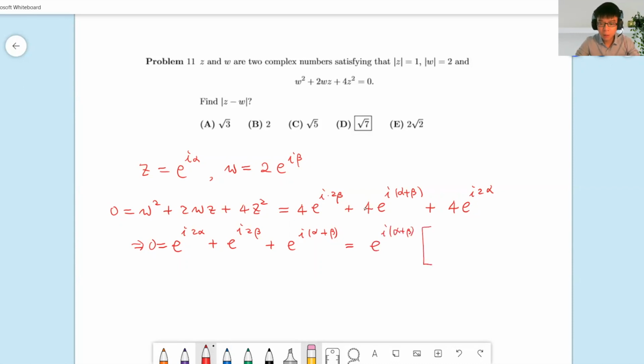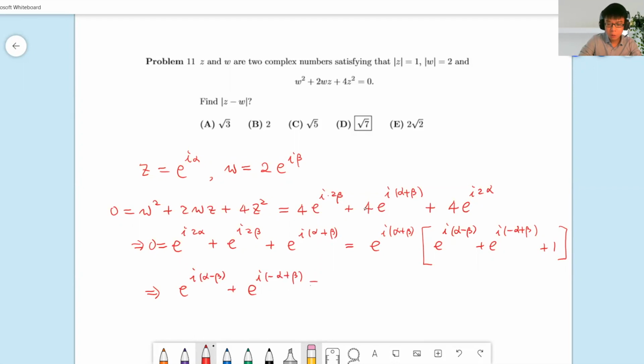And the rest will be exponential i (alpha minus beta) plus exponential i (minus alpha plus beta) plus 1. This equals 0. So we must have exponential i (alpha minus beta) plus exponential i (minus alpha plus beta) equals minus 1. That's the relation here.